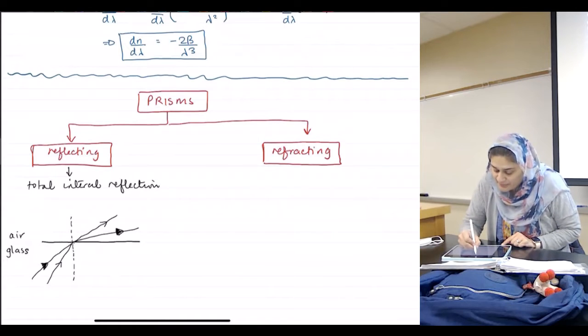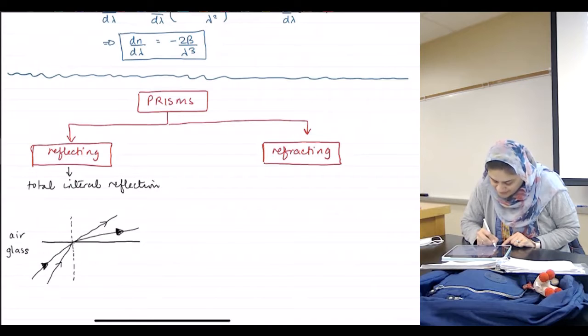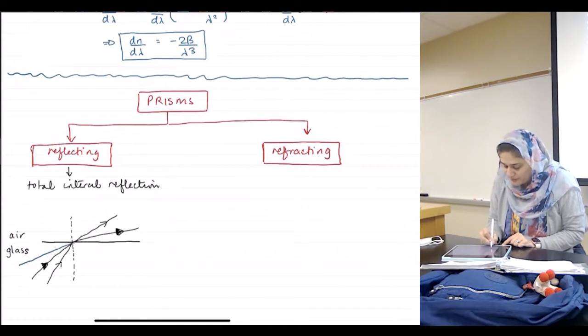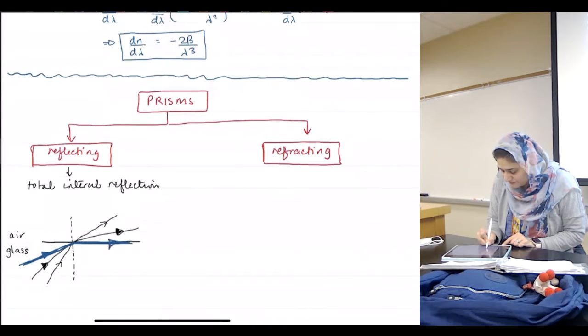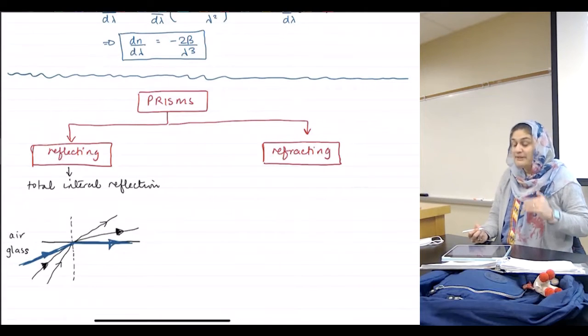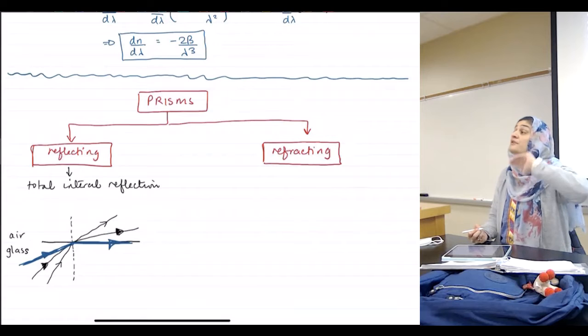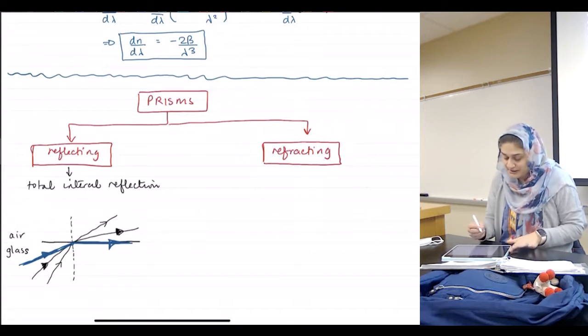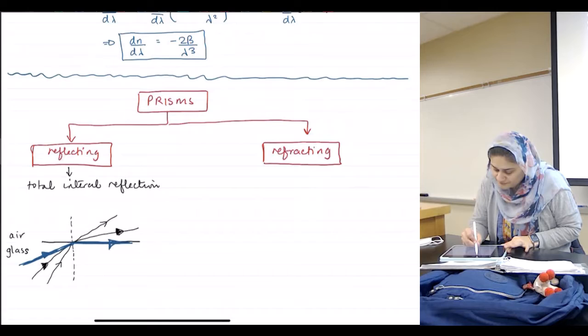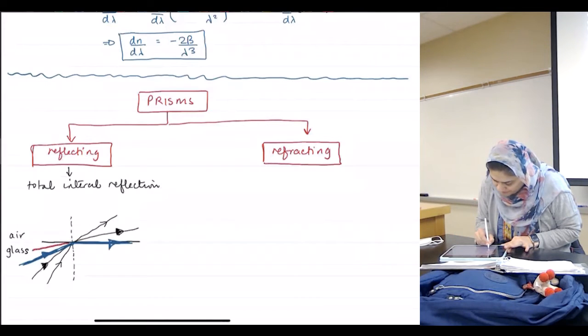Until you reach a point, I'm going to do blue. That doesn't mean an actual blue. Until you reach a point where this goes parallel. And if you go beyond that, instead of refracting outside the medium, this will actually reflect back in.